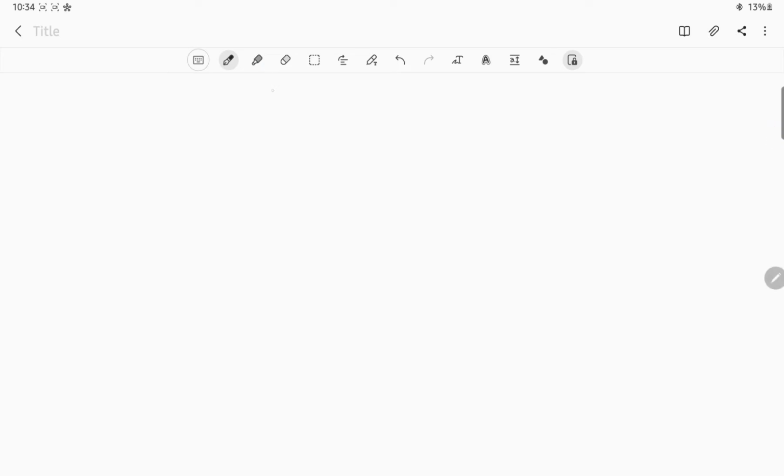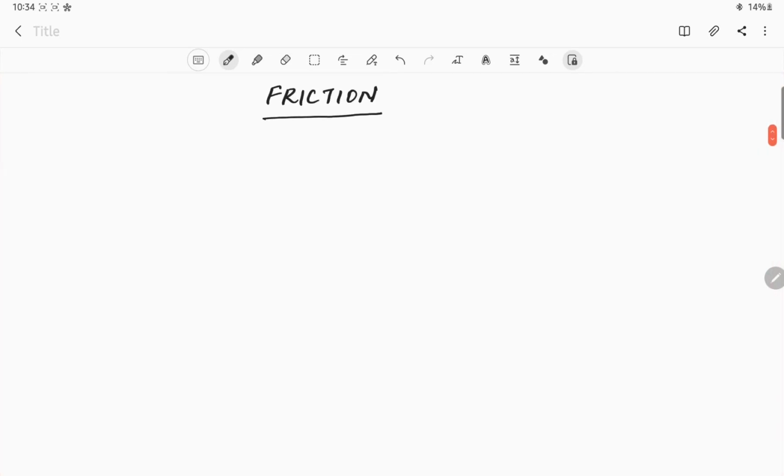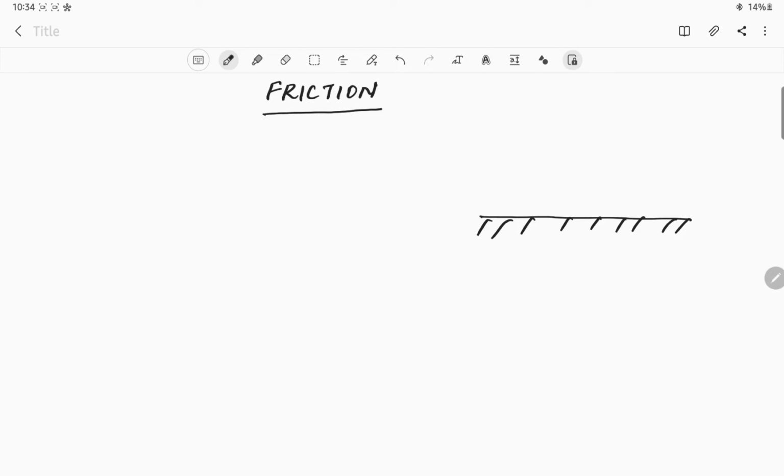So what do you mean by friction? What is the meaning of friction? Suppose for example a body is placed on a horizontal surface.